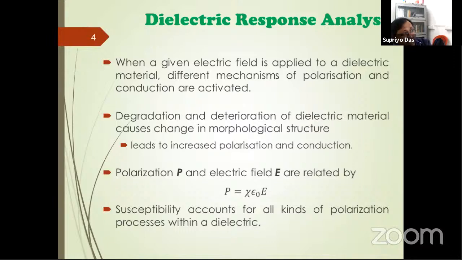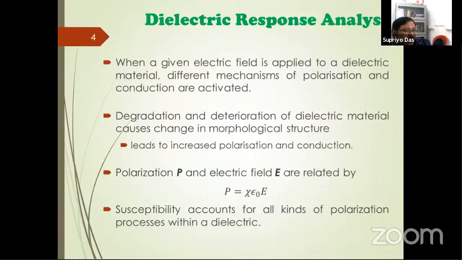But when we apply a field to an aged material, in that case, the polarization or conduction is increased, means the magnitude of polarization increases, conduction increases.